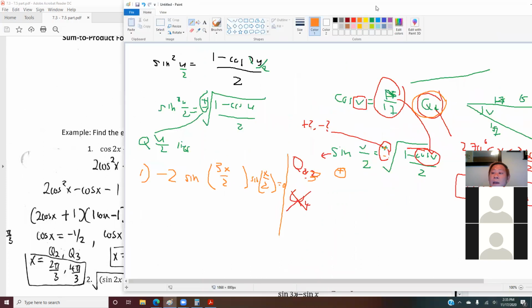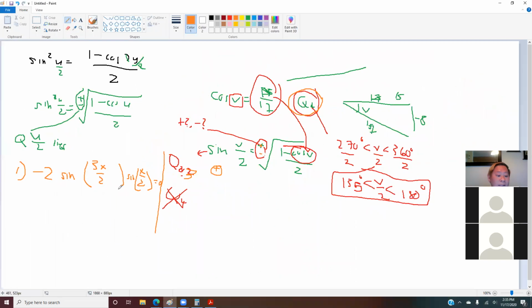So what you do in this case is, this is already in product form. So you just need to set this equal to 0, which you cannot solve for x because there's no x here. You just need to make this equal to 0 and make this equal to 0. So what is sine 3x equals 0? So I move the sine over. This is arcsine of 0.